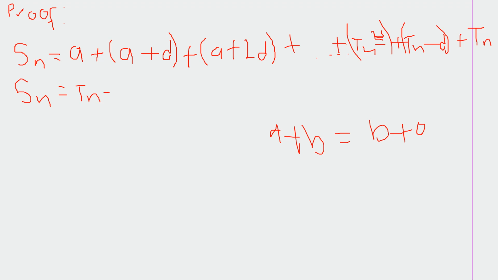Then you will say plus. Remember, moving backward is gonna be Tn minus d. And then you're gonna have plus Tn minus 2d. And then plus, remember we are still moving backwards, and there are a lot of terms in between here.